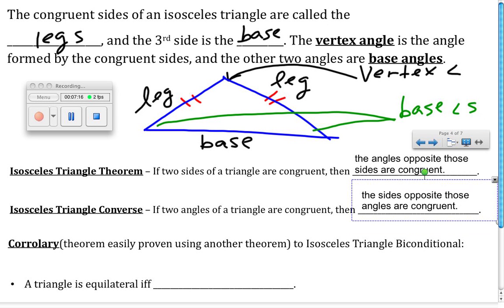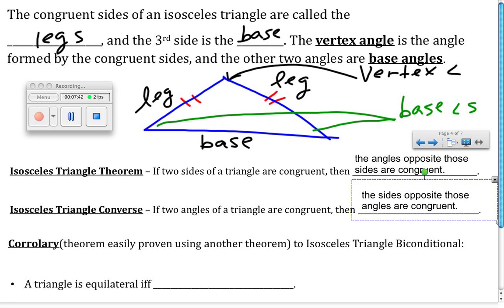Then we use those postulates to prove more properties, and we call those theorems because they can be proven. And then we have corollaries, which are almost like little children theorems that come so easily after another theorem. Our first corollary deals with the Isosceles Triangle Theorem and converse.